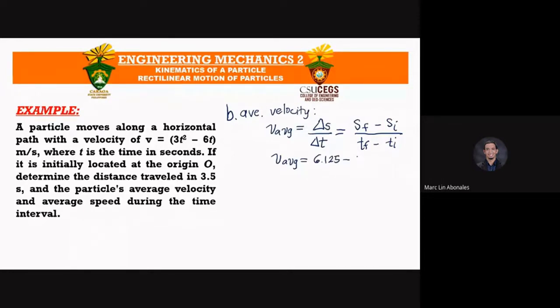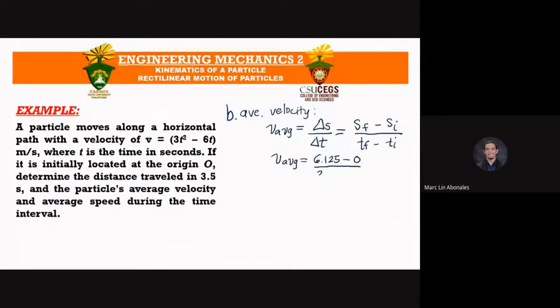And ang final time was 3.5 seconds. And the initial time, since it starts from the origin, is also 0. So pila man na to ang average velocity for this one? 1.75. Is it positive or a negative?